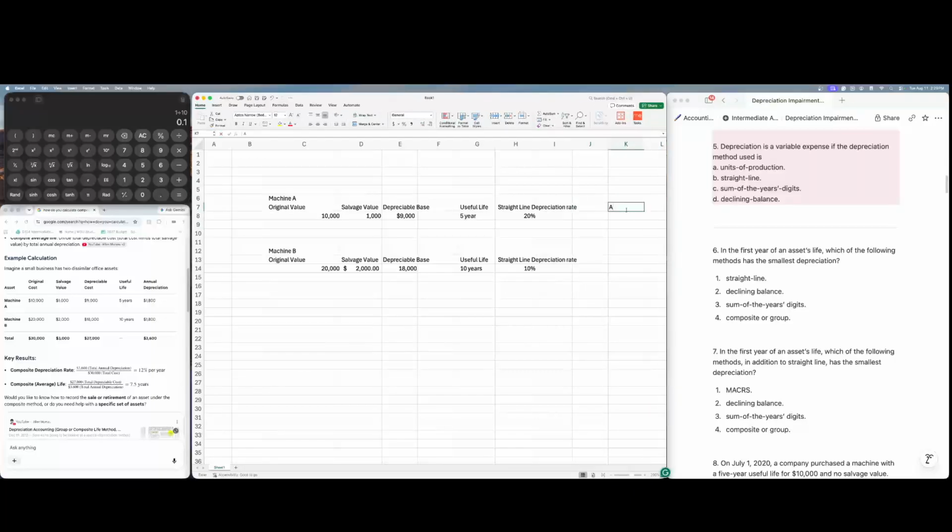Okay. So for straight line, you have to multiply the depreciable base with the straight line depreciation rate. So the annual depreciation for machine A would be 1,800, and for machine B, 18,000 times 10%. Okay, 1,800.